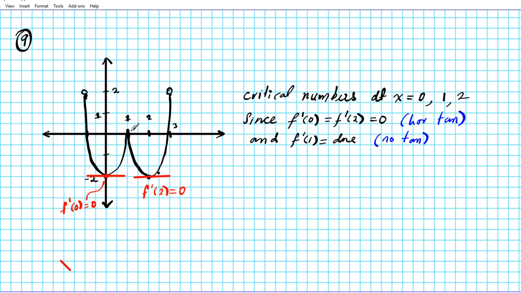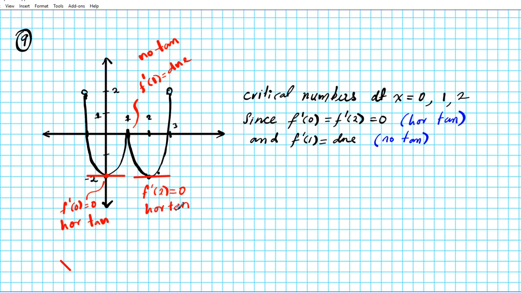Over here we have a cusp. At a cusp, you cannot draw a tangent line. F prime of 1 does not exist. So this is notan. This here is a horizontal tangent line, let's just call it hortan. And this is another hortan right here. So these are the 3 critical numbers for this function on the domain from -1 all the way to 3.